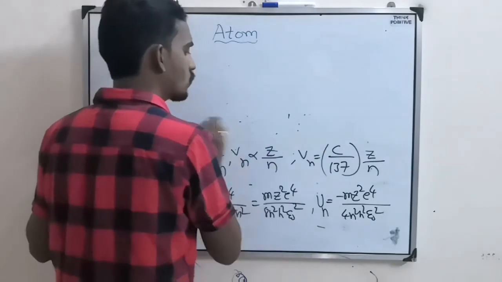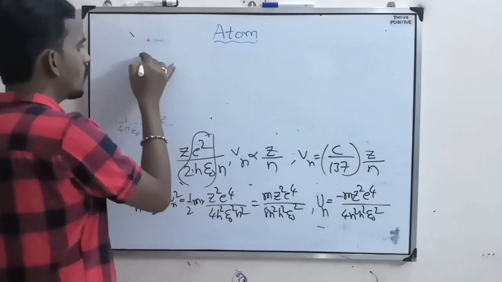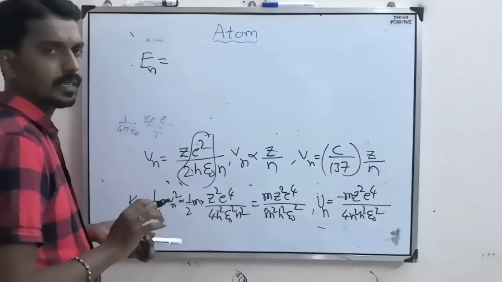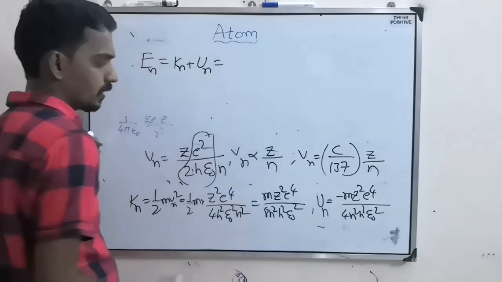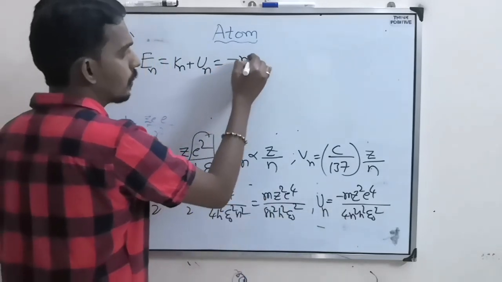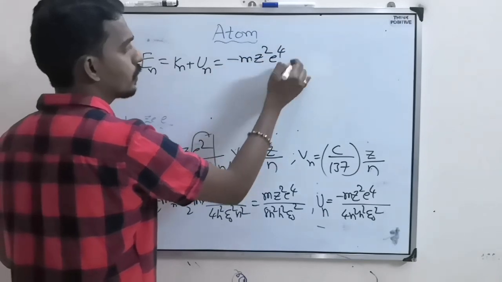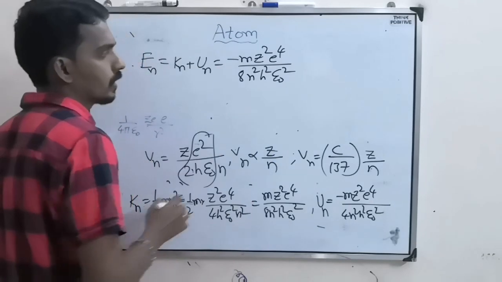But usually they will ask questions based on the total energy, that is, the total energy of the nth orbit electron equals kinetic energy plus potential energy. If you add both of them, what comes is minus m z square e power 4 by 8 n square h square epsilon naught square.